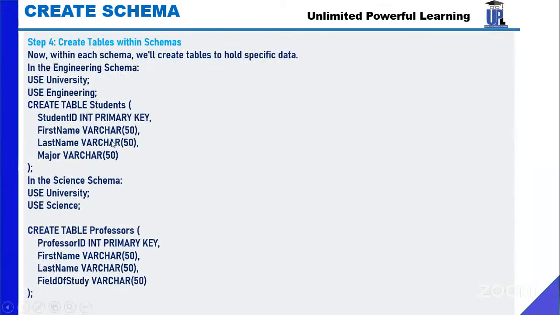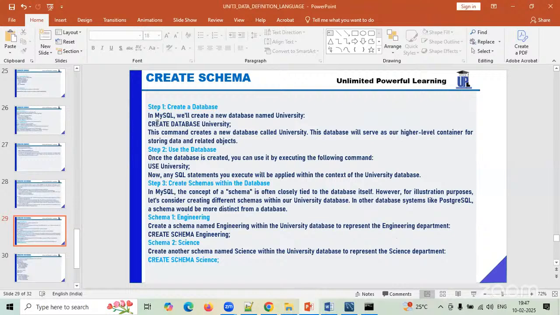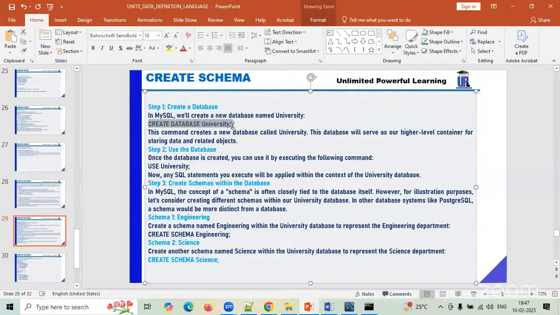If you take this example, we have a university. Assume that we have one database. A database may be something you create physically. Use university is the one database. I can create one database like university.